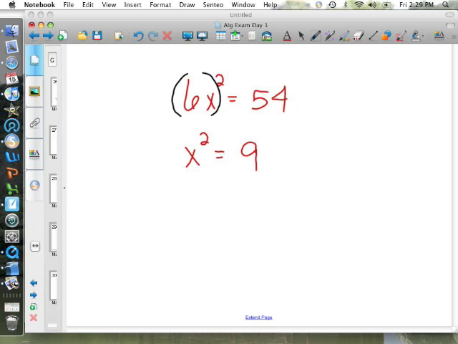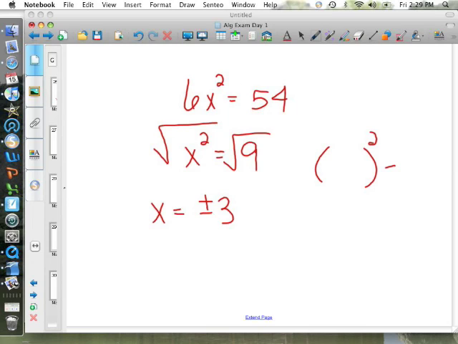So from here I take the square root of both sides. And remember, anytime we take the square root of both sides, we show both the plus and the minus, and this is why. Again, we are looking for all possible numbers that we can put into those parentheses and get positive 9. 3 squared is 9. Negative 3 squared is also 9.